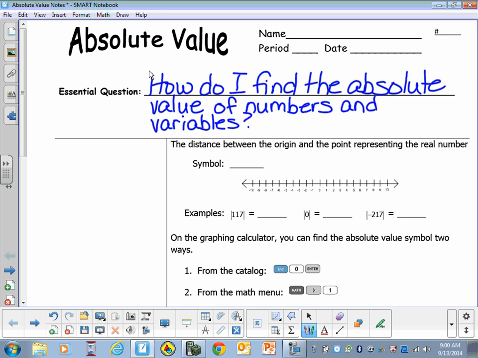Absolute value is the distance between the origin and a point representing the real number on the number line.